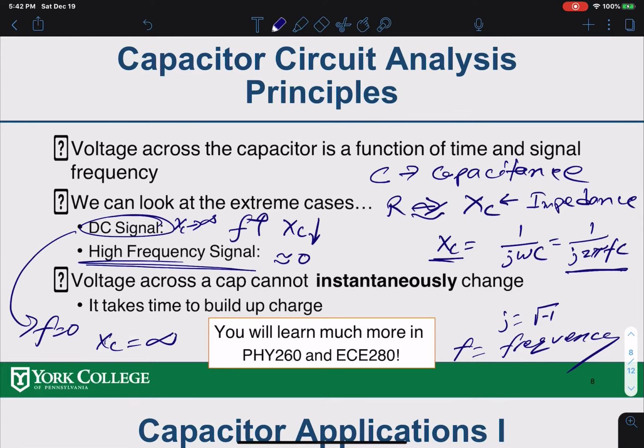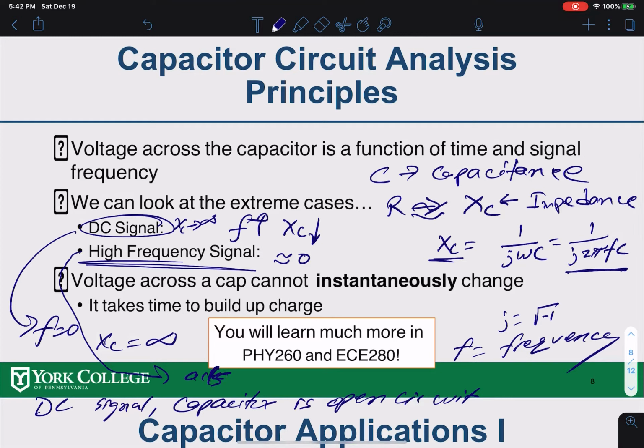So for a DC signal, here's the thing: your capacitor acts like an open circuit, and for high frequency, your capacitor acts like a short circuit, or just no wire.